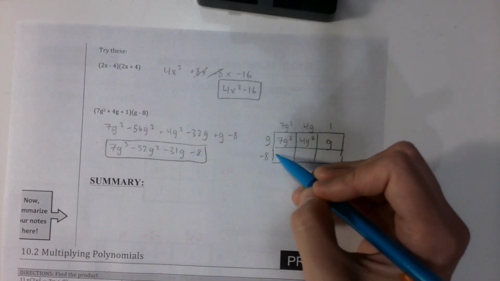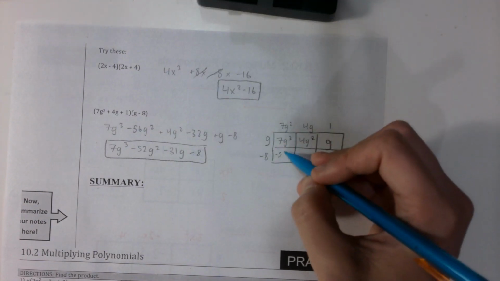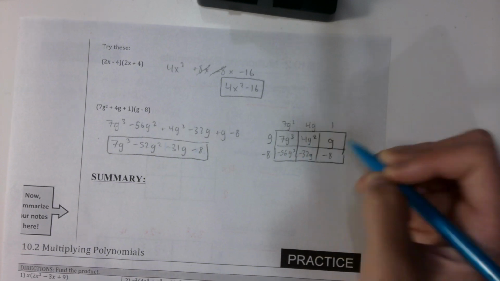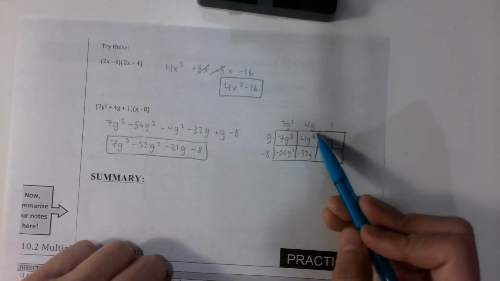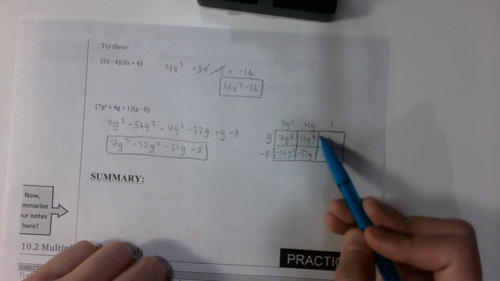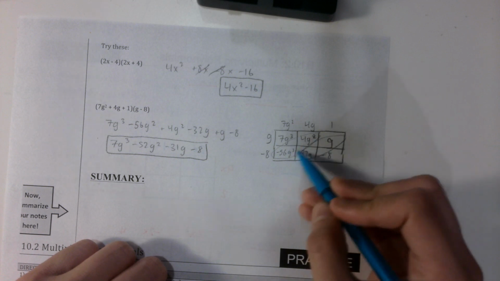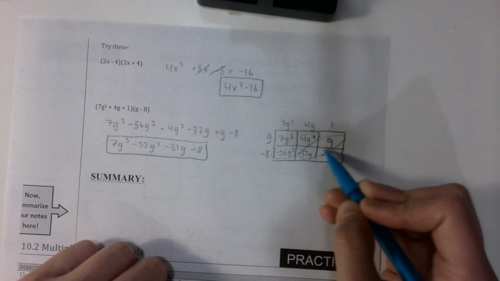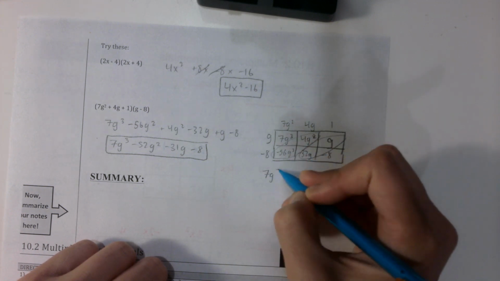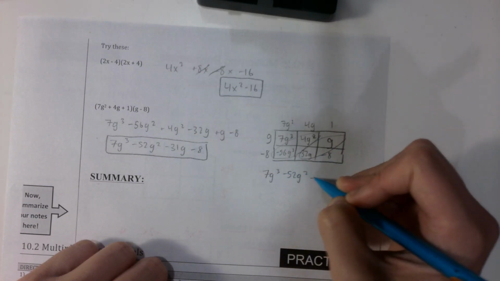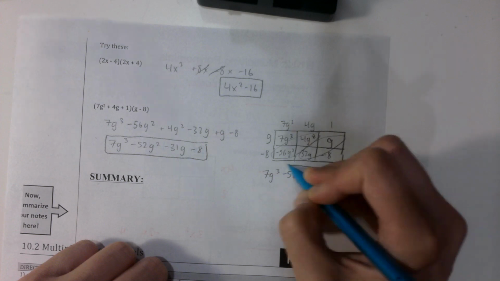And this one, 7 times 8 is 56, negative 32, and then negative 8. Something you could do when you're doing the box method is look for like terms already. So I see that these are my like terms. They both have g squared, and this just has g. So I have 7g cubed minus 52g squared minus 31g minus 8.